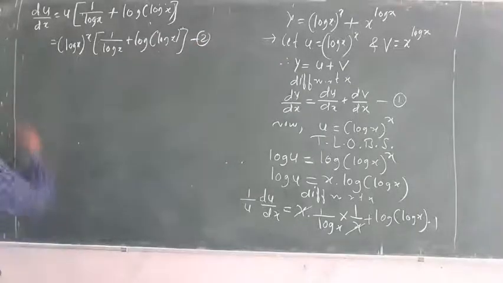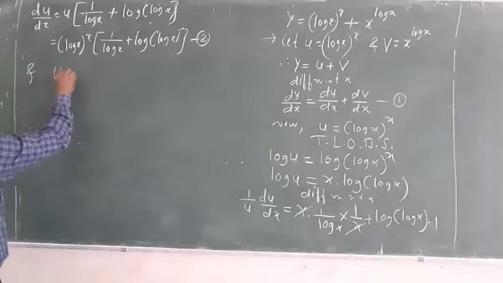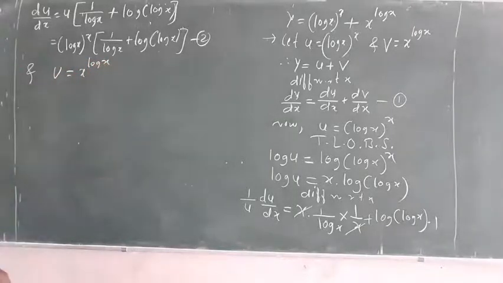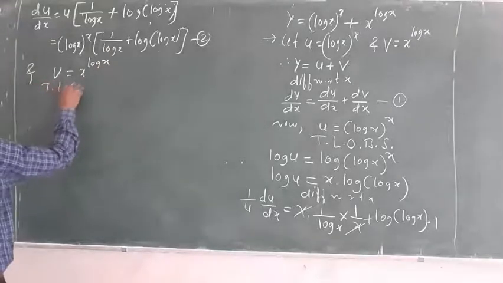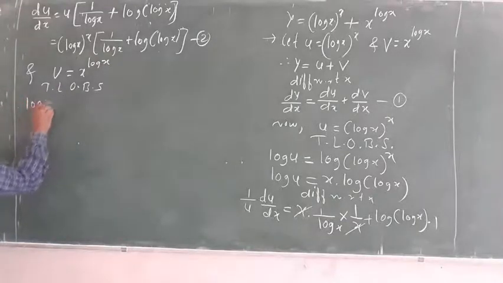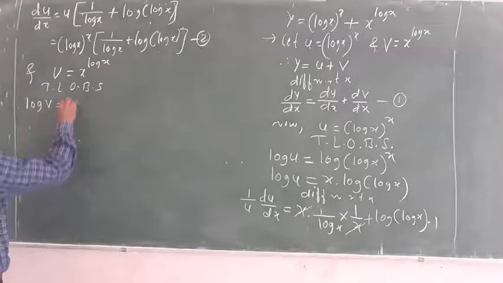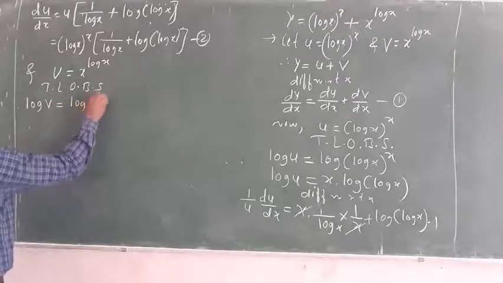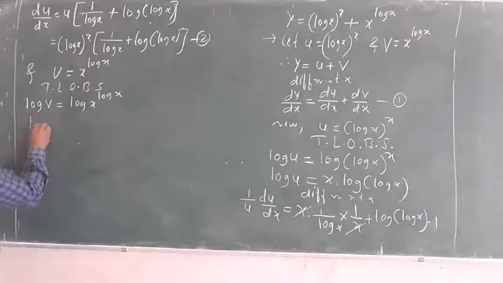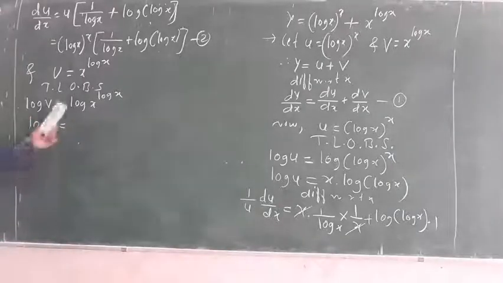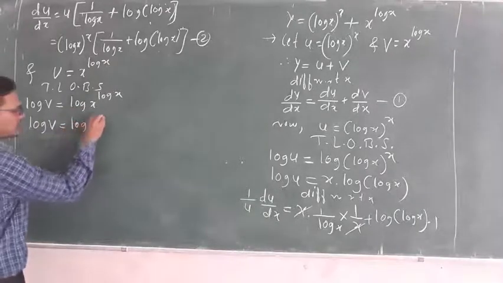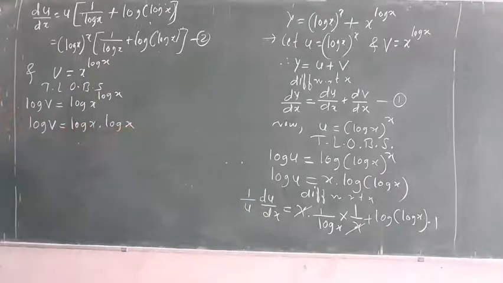Next, v is equal to x to the power log x. So taking log on both the sides, log v is equal to log of x to the power log x. Using log x to the power n, here n is log x, so log x into log x.